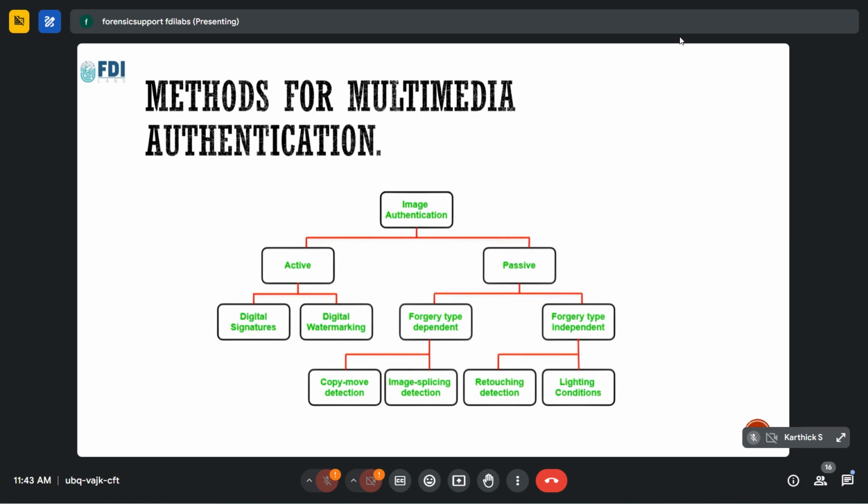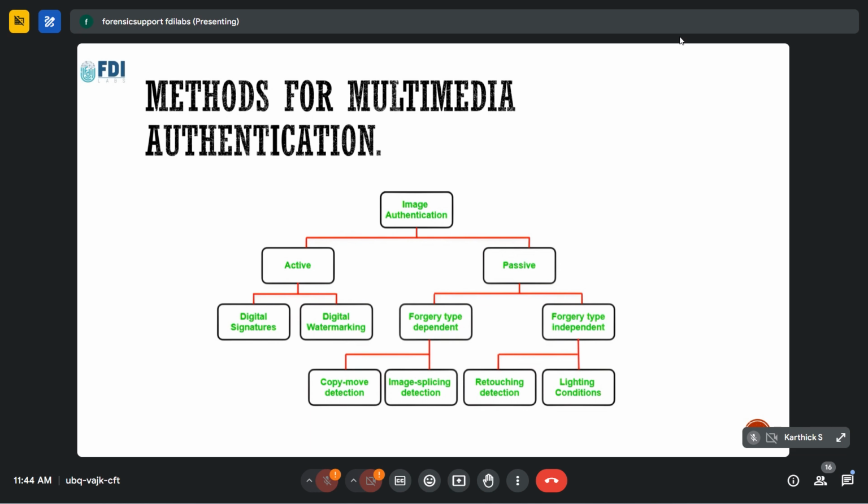To give a definition of what active and passive are, to give you a small example, there are active and passive authentication.